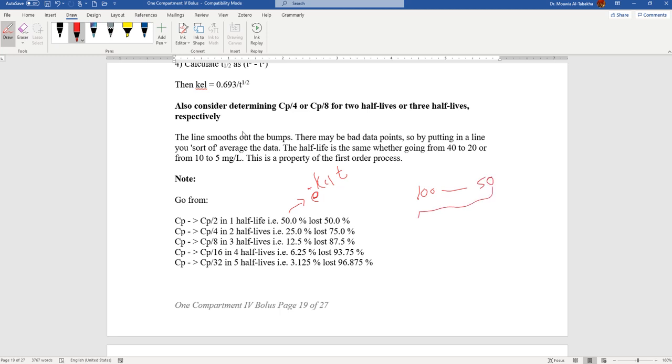Look, it's like this: 100 to 50, right? Now you are at 50, which is 1 half-life, 1 T half. Now 50 will go to 25. This is the remaining. Then another half-life, so 2 half-lives. 25 will become 12 and a half, so another half-life, 3 half-lives. So this is what you are looking at.